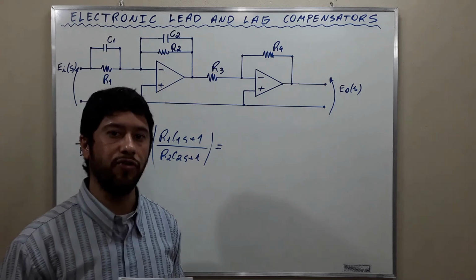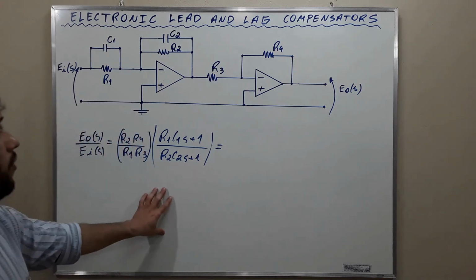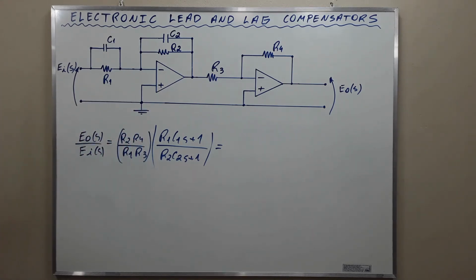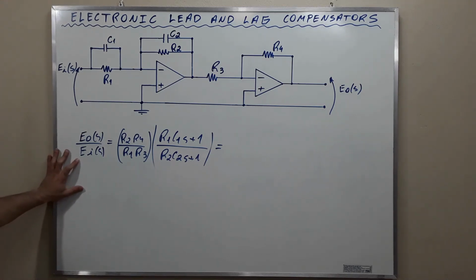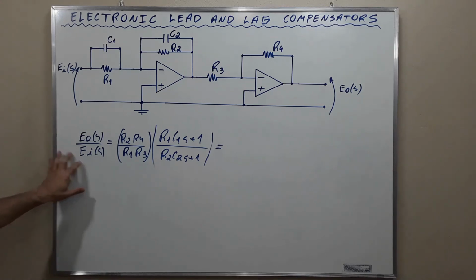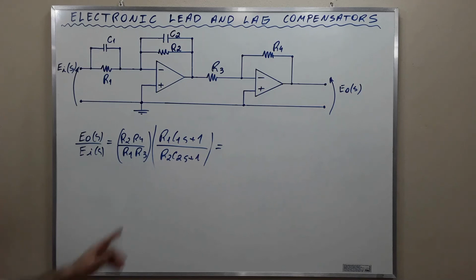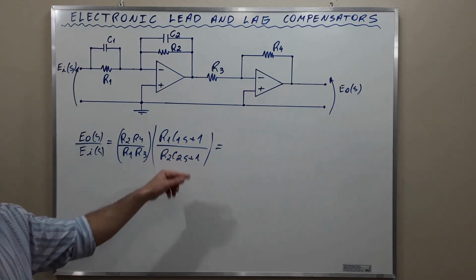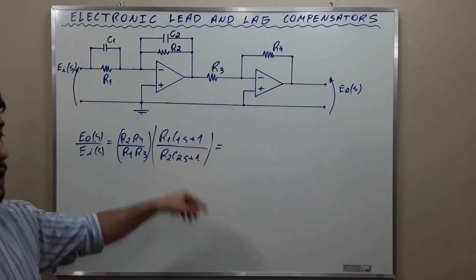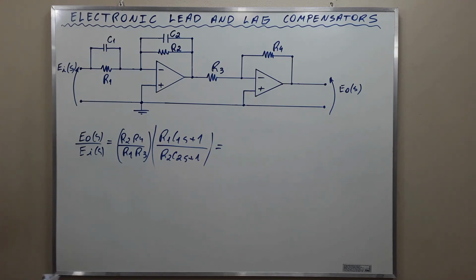This is the general structure of a lead compensator using operational amplifiers, resistors, and capacitors. The transfer function is E0(s) over Ei(s), which is R2 R4 over R1 R3 multiplying (R1 C1 s + 1) over (R2 C2 s + 1).